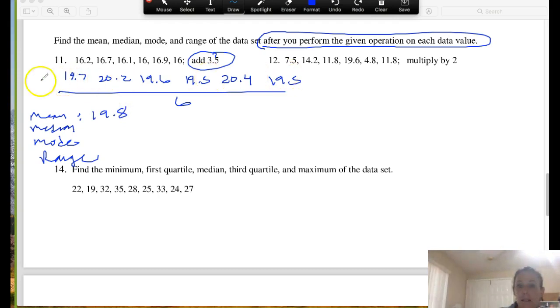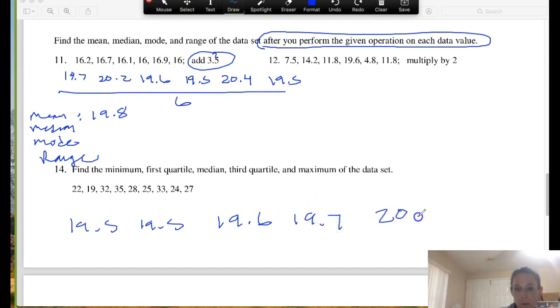Okay, the median is the middle number. In order to get the median, make sure you write these in order from smallest to largest. So 19.5 is my first point. Two of those, 19.5, then a 19.6. Then we have 19.7. Then we have 20.2 and 20.4.